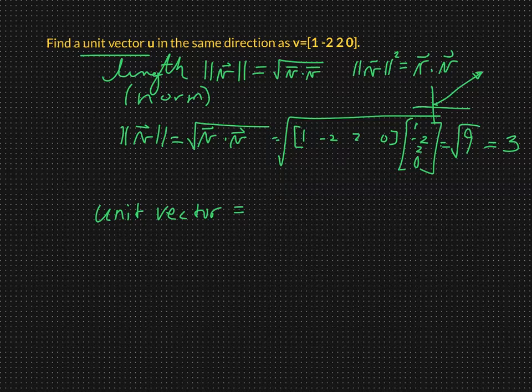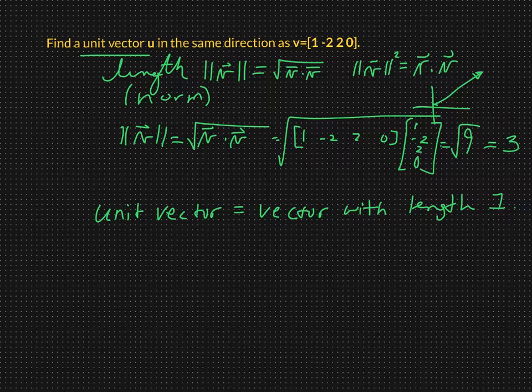And a unit vector is just a vector with a length of 1. All right, so the unit stands for the 1 part. And the easiest way to think about it is, okay, let's say that this were our vector v emanating from the origin.